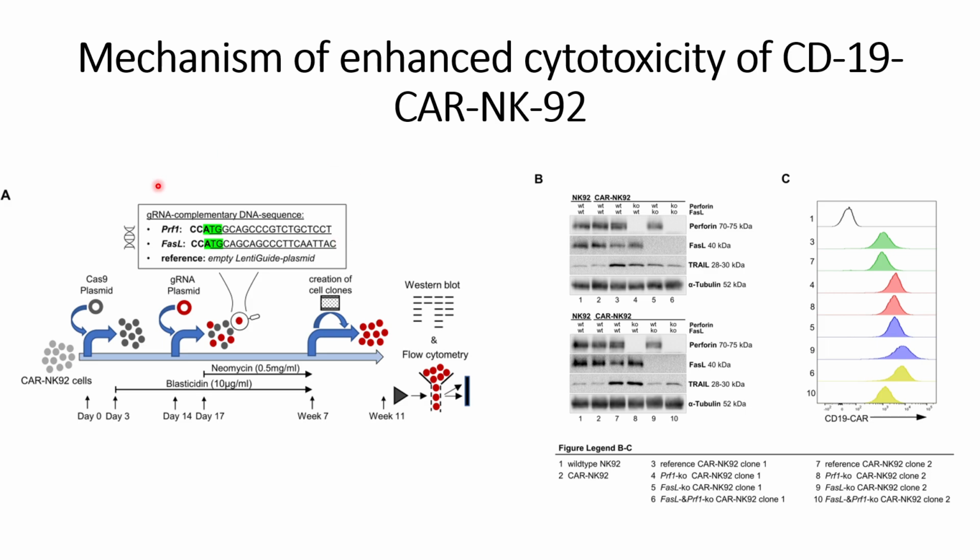The methods they used are shown in panel A, where first they took the CAR-NK92 cells and transduced them with the Cas9 plasmid. After 3 days they started the selection of this plasmid, and after 14 days they used the sgRNA, the guide RNA plasmid, and thereafter at day 70 they used neomycin selection in order to select these guide RNAs.